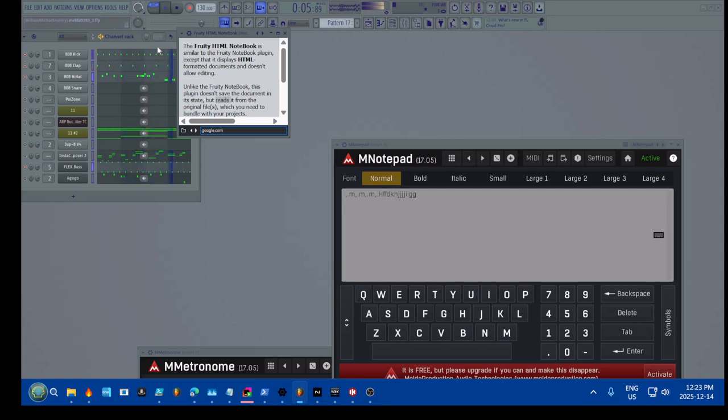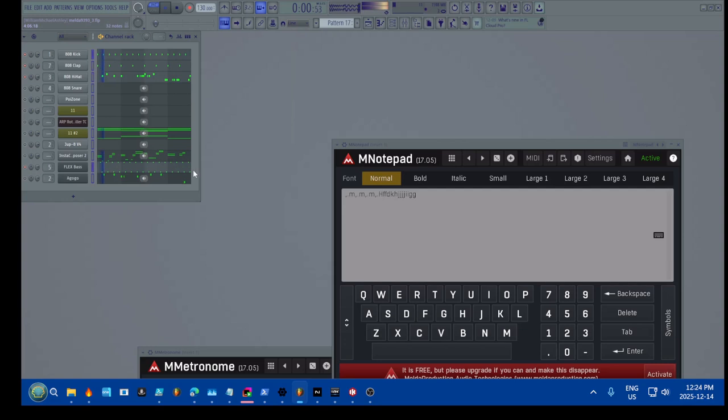Well, you can, I guess. I think it's HTML. It works, I just can't remember why it's not working right now. And you can read documentation and stuff in here, so that's useful.